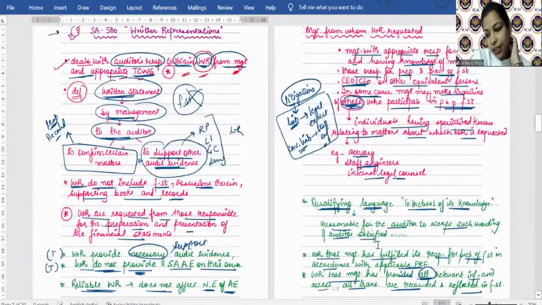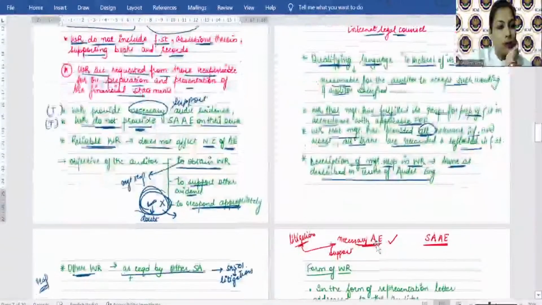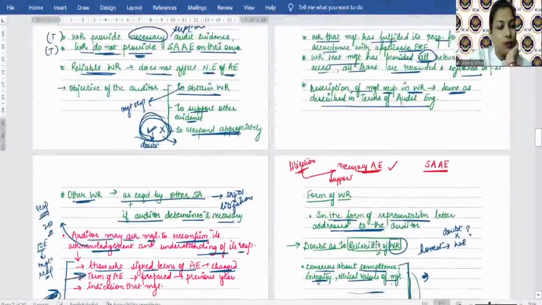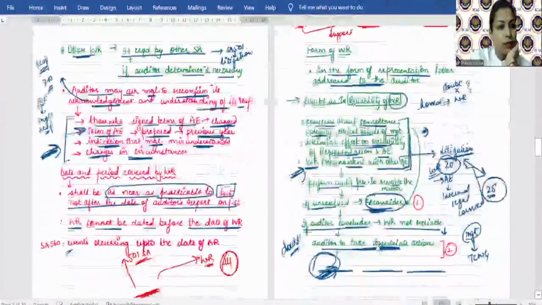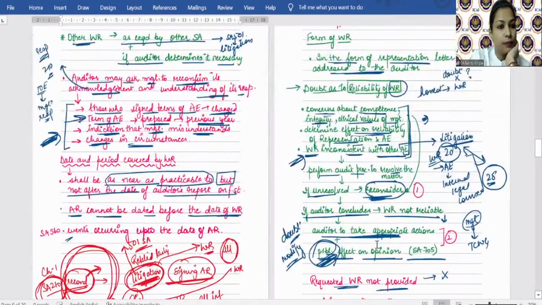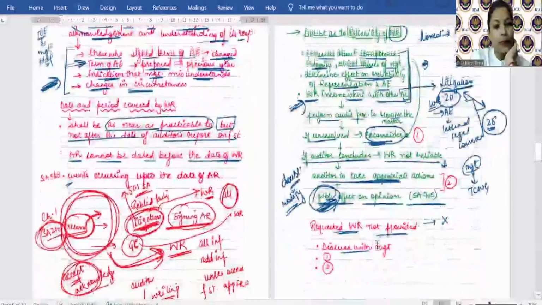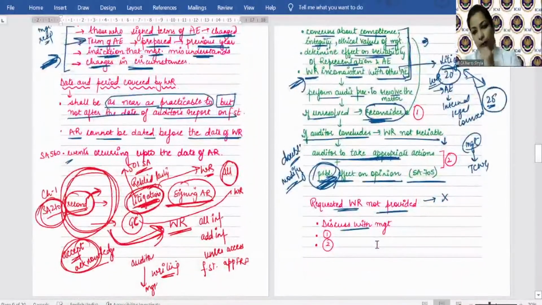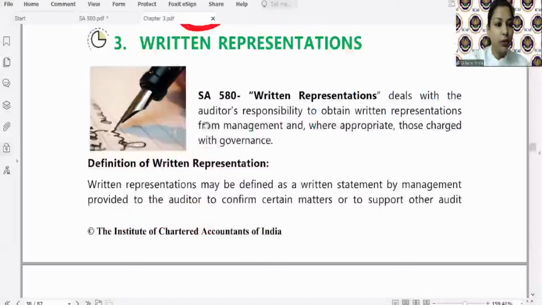You may take a screenshot if you want. Next 2 pages. Or you may just pause and make your own notes. Okay? Now let me take you through the module.